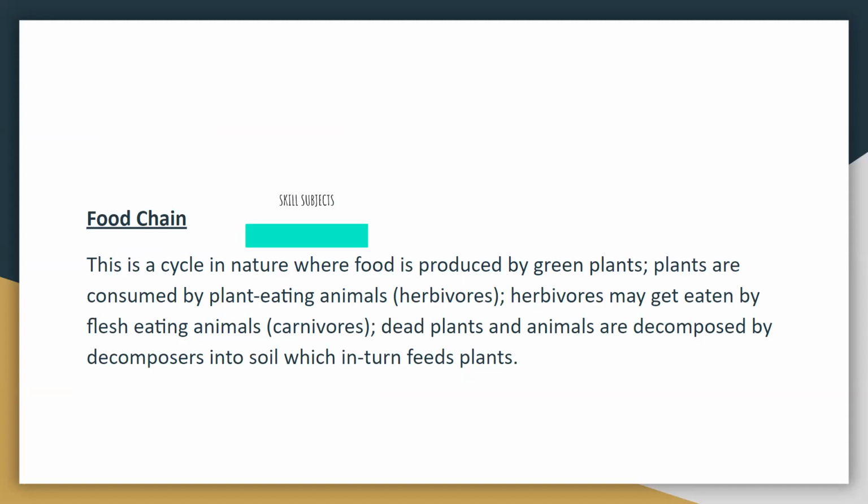And then finally, the dead parts of these animals are decomposed in the soil, which in turn helps feed the plants. So it is a cycle that stays on and on and on in nature. And without the food chain, we will not be able to survive.